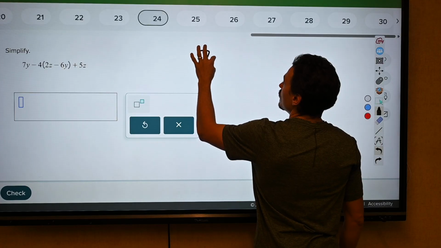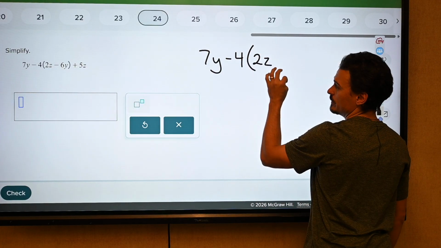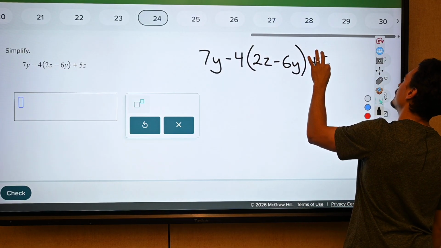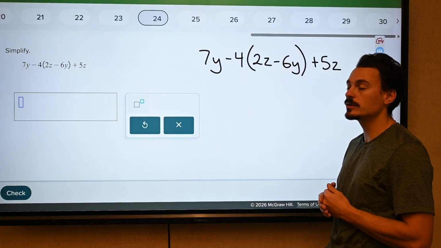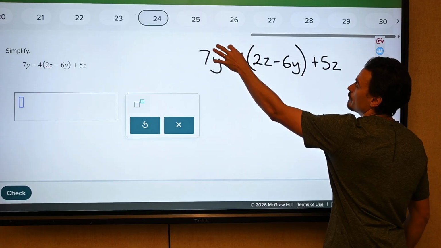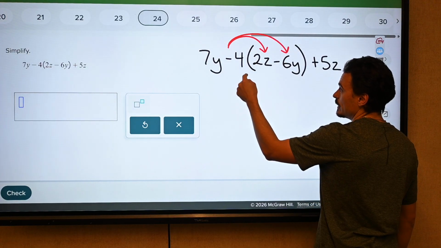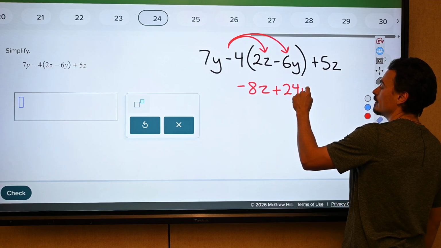24. 7y minus 4 in parentheses 2z minus 6y, holy cannoli, plus 5z. If it looks like a lot, what you should do is start with what you know how to do first. The first thing you know how to do is get rid of the parentheses. That's going to get us negative 8z plus 24y.